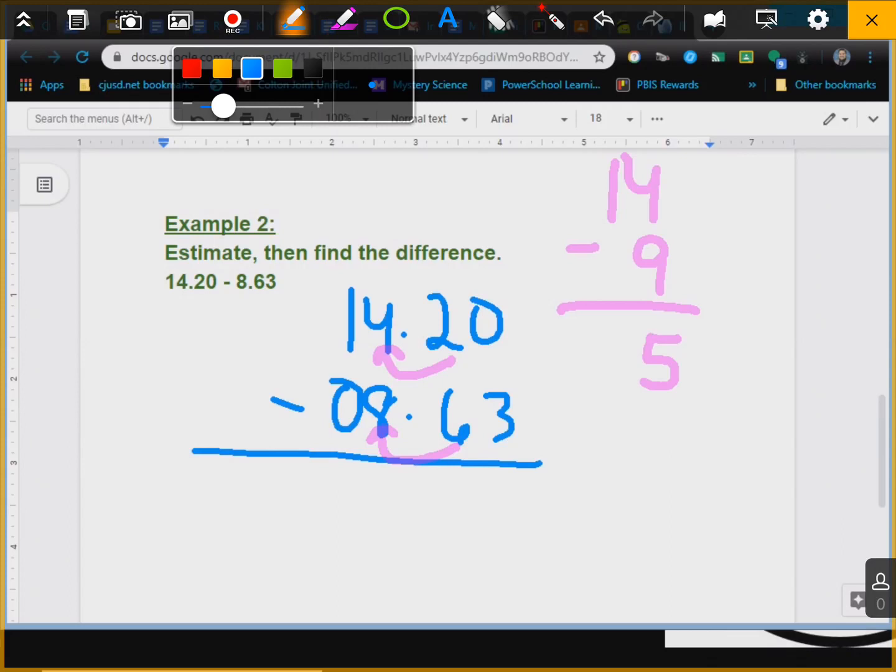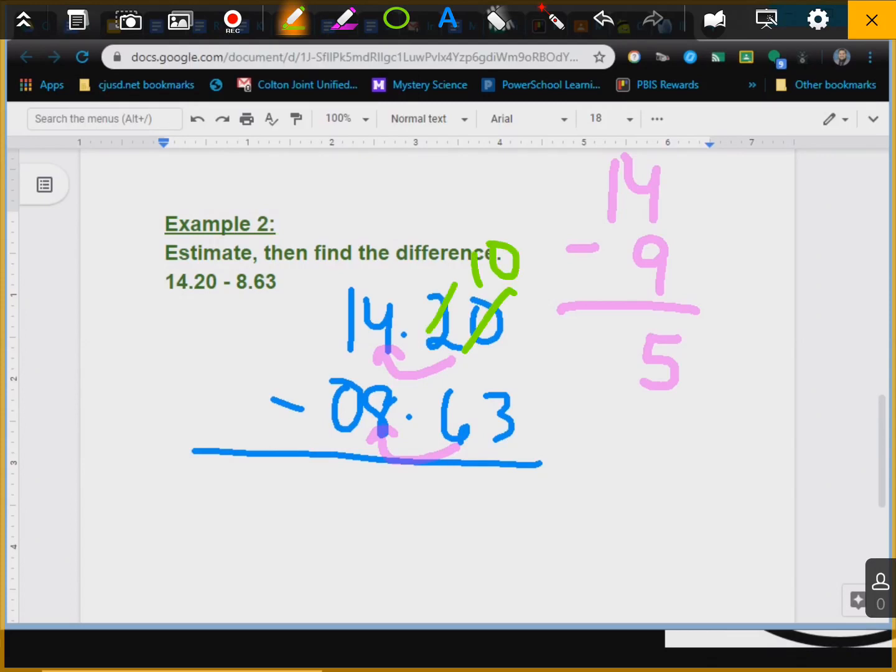Alright, let's go ahead and solve. I have to regroup that, and change that, and change that. Okay, so that was a lot of regrouping. The 0 changed to a 10, and the 2 changed to an 11, because you had to take that one out and move it over here, and you still had to regroup this number because it was smaller, and you had to do that for the 4 as well.